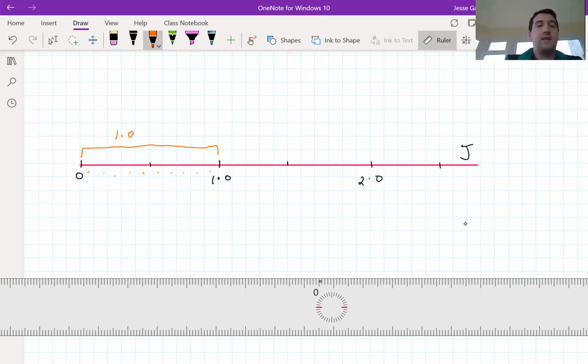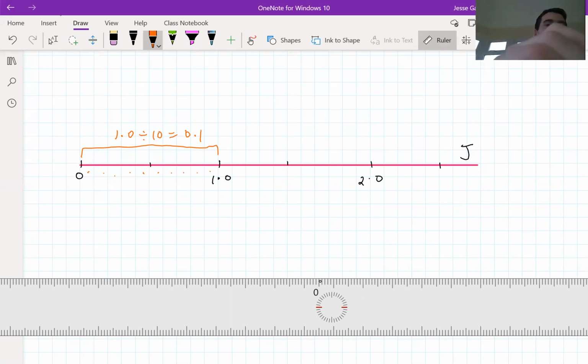So we need to divide this by 10. Get your calculator and do 1 divided by 10 now, please. Okay, when you do that, you're going to get 0.1. That means each little square is what? 0.1.